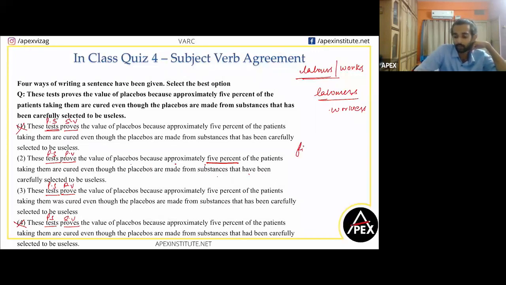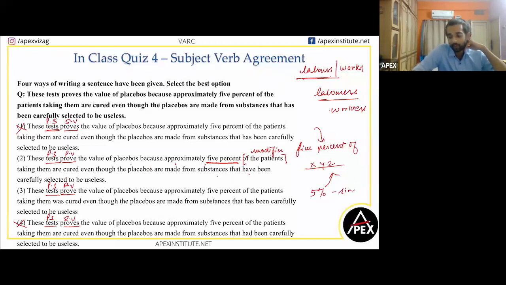When I'm having this phrase, 5% of XYZ, should I be focusing on this 5% or on this XYZ? The 5%, obviously. Why? Because whenever I see "of something", I can understand that this is a modifier. Now, 5% as a measurement should be singular, so we'll have to take answer to be the third one.